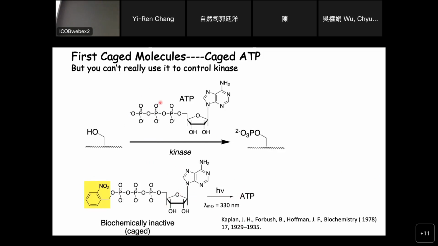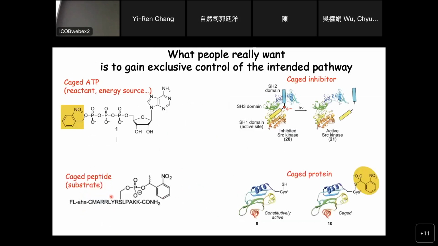So for example, if this kinase needs ATP, when it sees this, you won't be able to use it until we photolytically remove this. I think he was trying to use this to control ion channel activity. So that was the first case in the scientific community, caging ATP as a reactant or energy source.